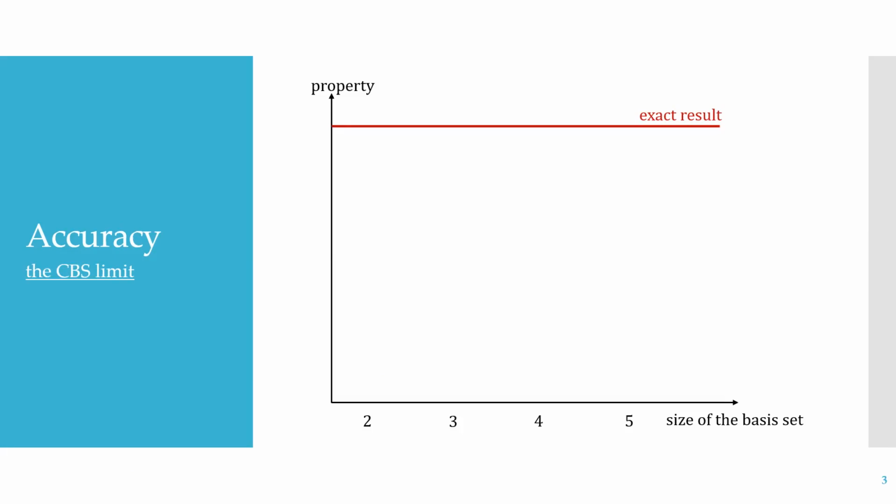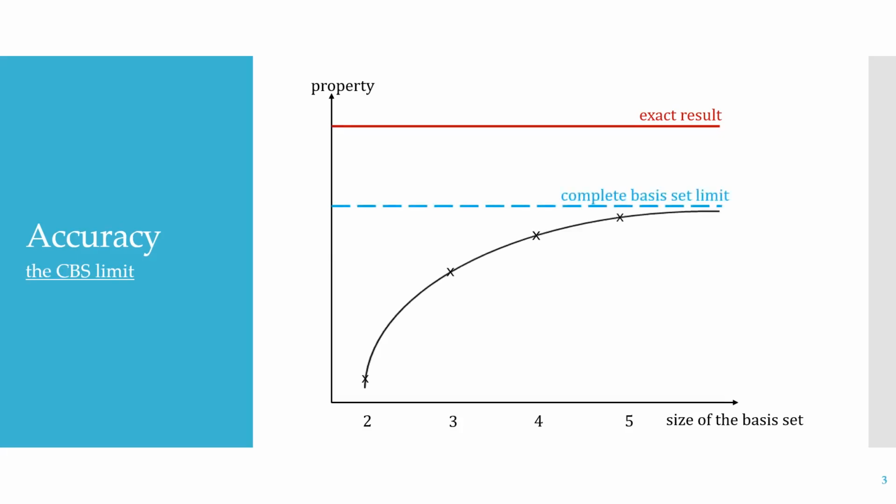So we carry out a series of calculations with different basis sets. Of course, we need a specific family of basis sets to run the calculation. They have to be hierarchical. And then we use a specific extrapolation formula to estimate our complete basis set limit. However, nowadays, these CBS limits can be estimated much better using what is called the F12 methodology.